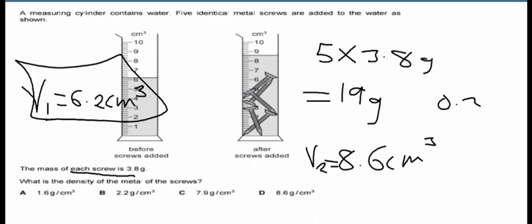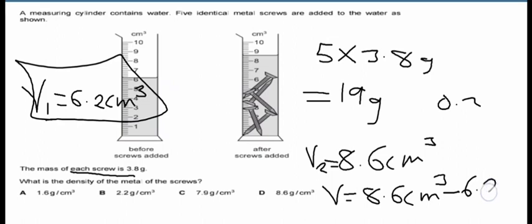So the volume of the screws is going to be equal to 8.6 centimeters cubic minus 6.2 centimeters cubic. When I do the computation, I find the volume is equal to 2.4 centimeters cubic. So 2.4 centimeters cubic is our volume of 5 screws.